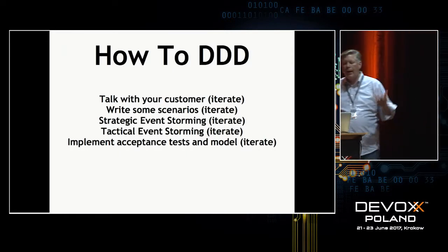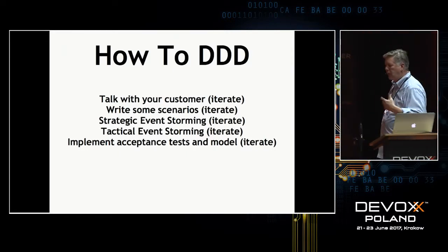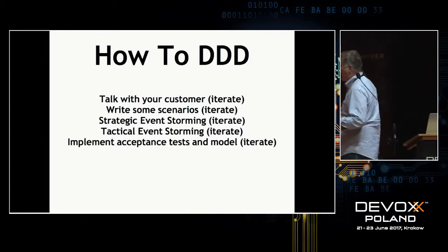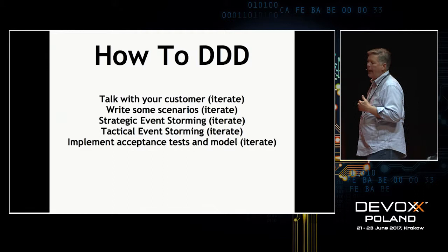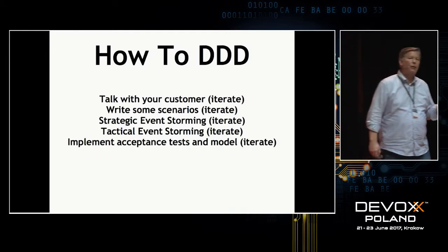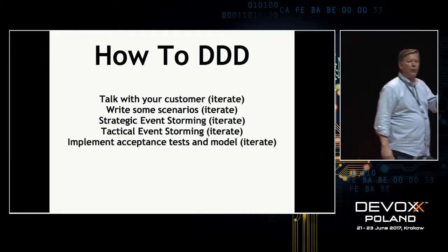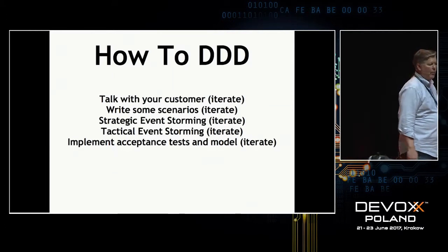We iterate on everything that we do, including the scenarios. Maybe we can actually produce only 2 or 3 scenarios, or maybe just a few more, and from that it allows us to get into a strategic level of event storming.